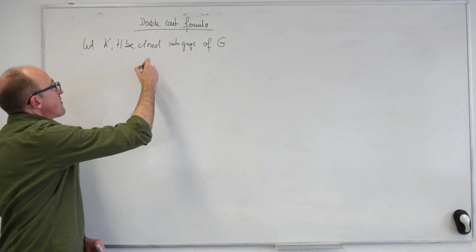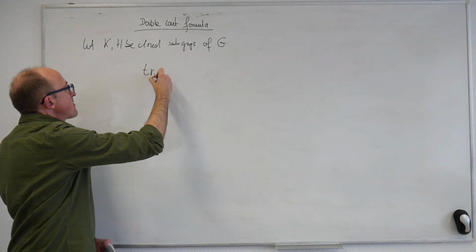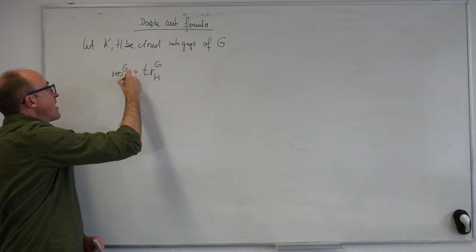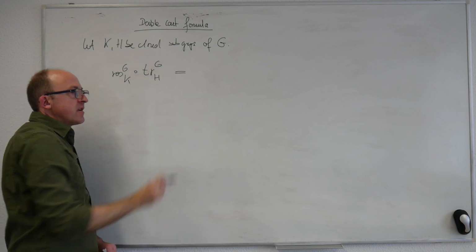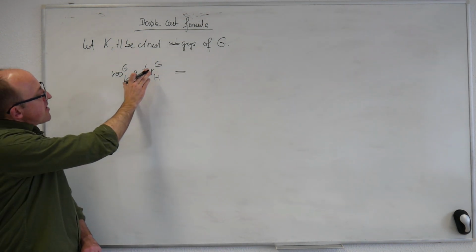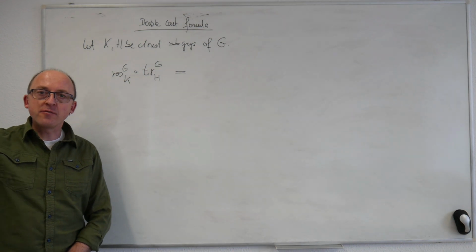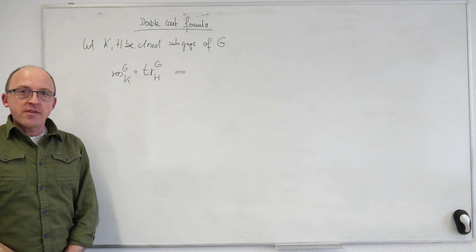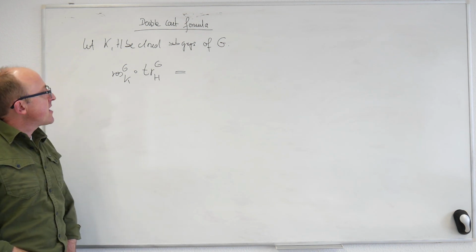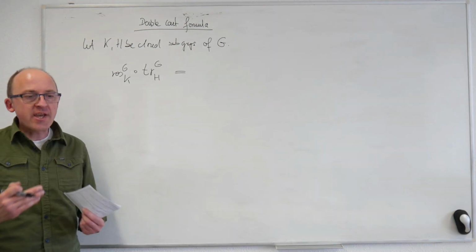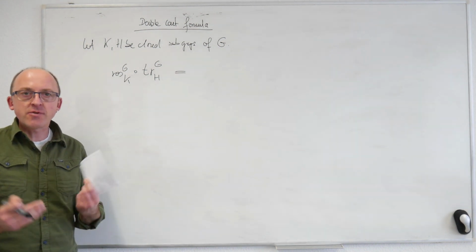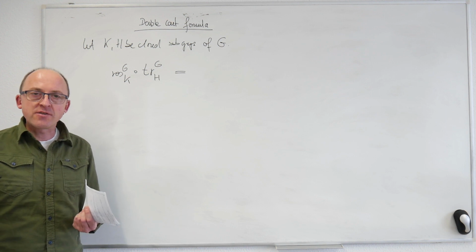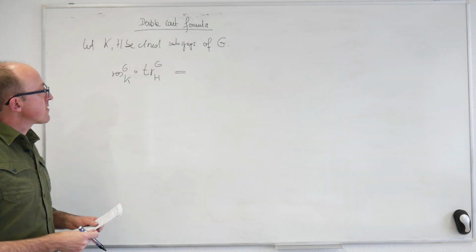And the double coset formula is a way to express the transfer from H to G, followed by the restriction from G to K, as a sum of terms that are basically transfers and restrictions in the other order, where you first do a restriction and then some kind of conjugation map and then a transfer. The double coset formula is important because it basically allows you to re-express composites of transfers and restrictions in a kind of normal form, where you always do the restrictions first, then the conjugations, and then the transfers.